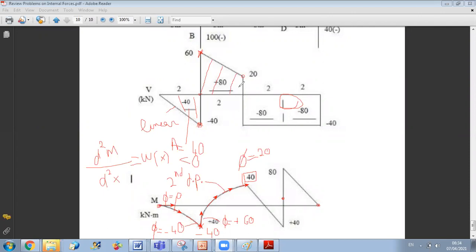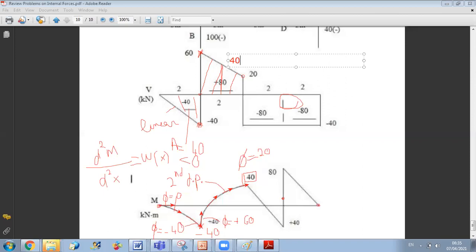And this area is a trapezoidal area. If you know the formula for a trapezoid, you just do the middle height times the base. So here the middle height is between 20 and 60, it's 40.